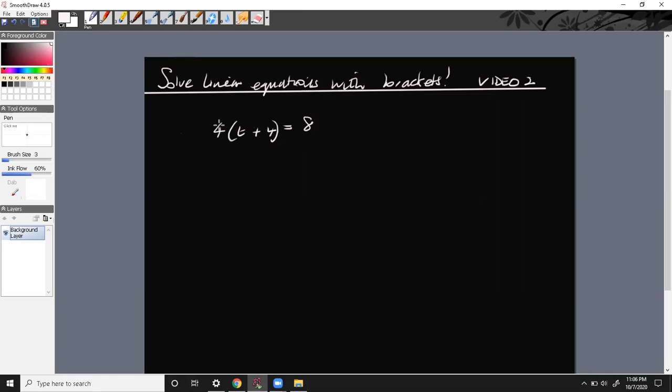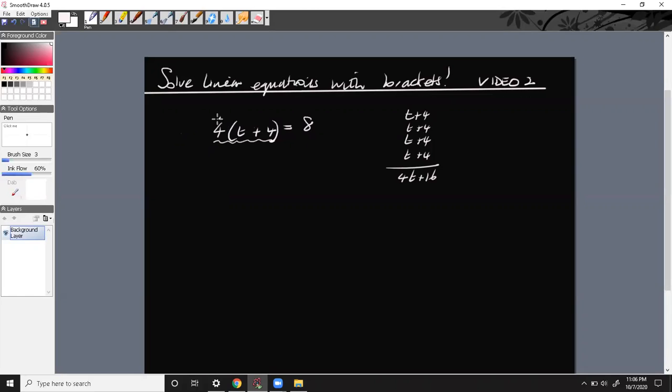So what this means, 4 bracket t plus 4, means we've got 4 lots of t plus 4. Four lots of 4 is 16, plus 4t. So we don't obviously write it out like that, but that's basically what is meant here.